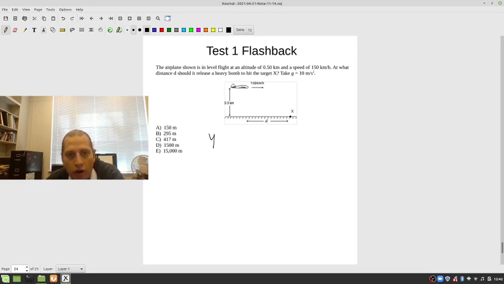Okay, so your y naught is 0.5 kilometers. Your v naught in the x direction is 150 kilometers per hour. And it asks, at what distance should it release a heavy bomb to hit the target at x?